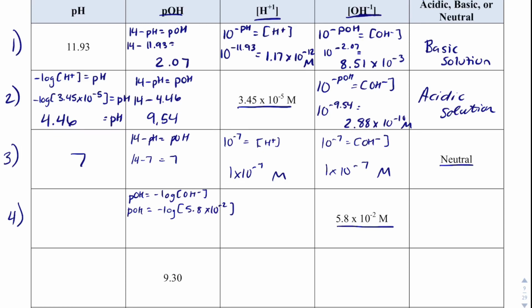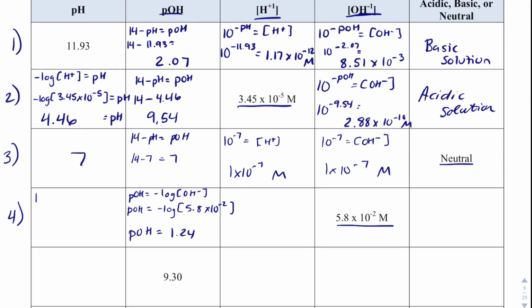And when I plug that into my calculator, I should expect to get 1 point something. And I get the POH equals 1.24. Now, 14 minus the POH equals the pH. So I'm going to take 14 minus 1.24.